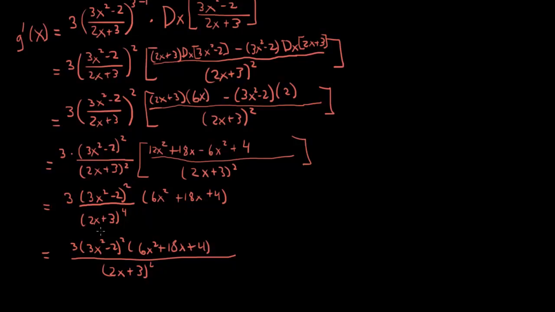Now, I could be wrong, but I don't think if I expanded this top here, collected like terms, and then maybe factored again, that I could get anything to cancel out anywhere. So I'm not going to go any further than that because I don't think it's going to make a difference.